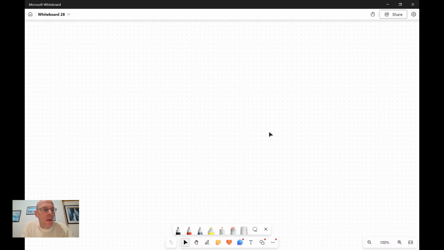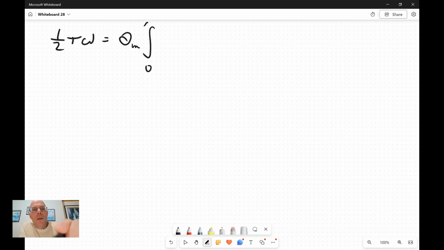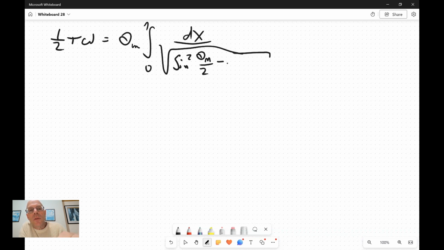So we have a relation as follows: half T omega equals theta max, the integral from 0 to 1 dx over square root of sine squared theta max over 2 minus sine squared theta max over 2 x.